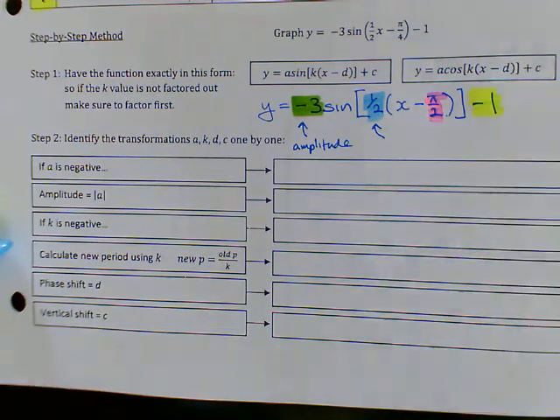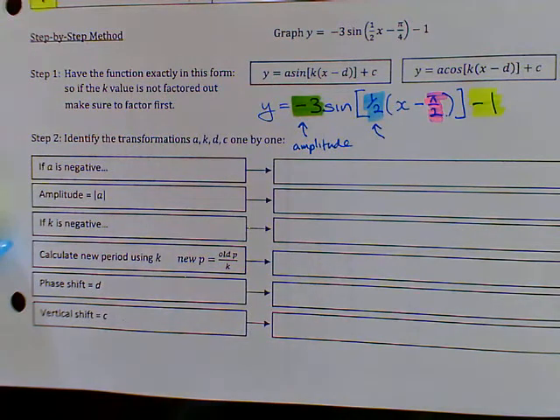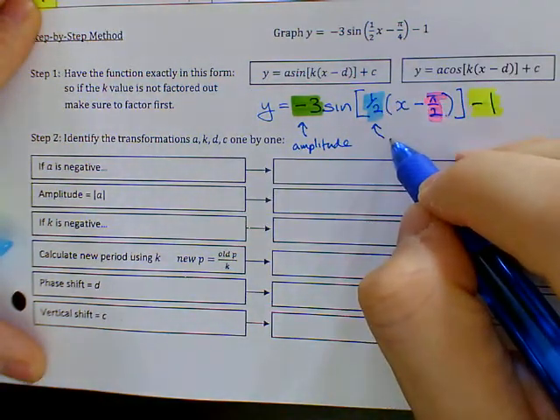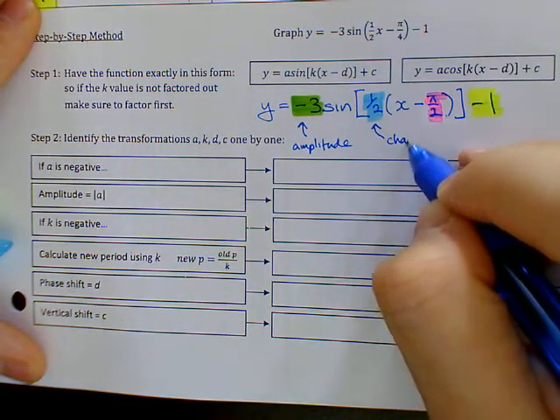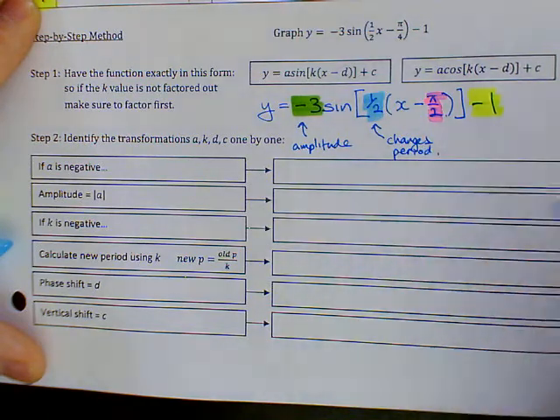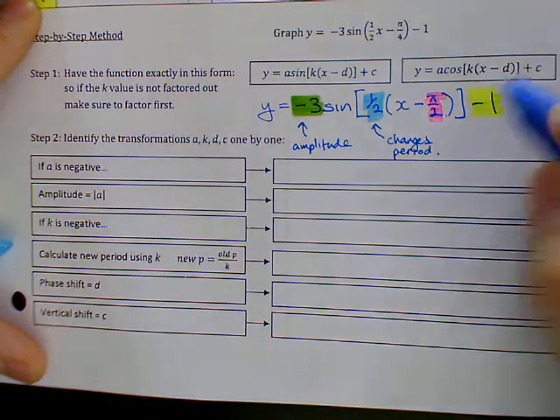It used to be 2 pi for a full cycle, but if I compress it, clearly 2 pi is going to be smushed and we can finish one curvature before 2 pi arrives. So this part, you can say it will change the period, or you can just say it affects and turns it into a new period.